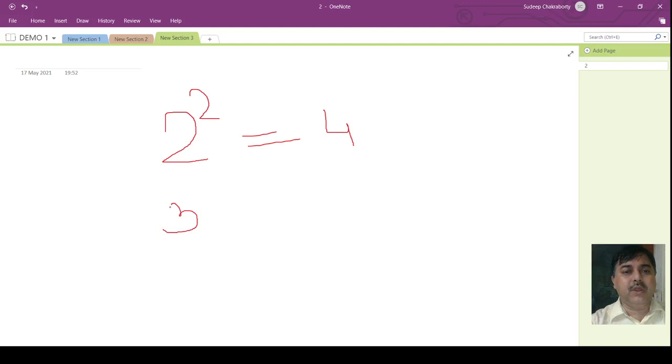If I give here 3 to the power of 4, that means 3 will be multiplied 4 times, isn't it? That means 3 into 3 into 3 into 3.